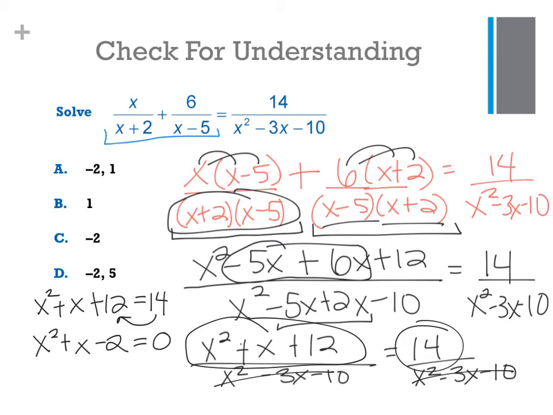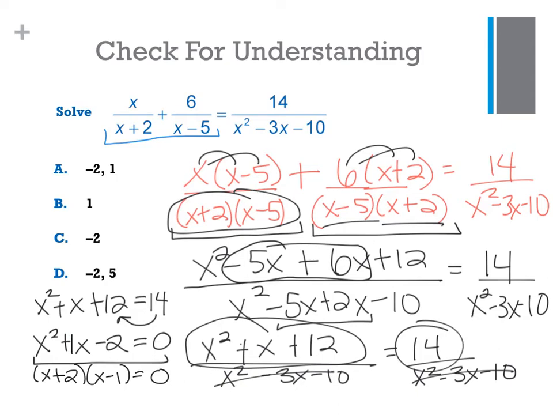Now, looking at this quadratic here, I want two numbers that multiply to be negative 2 and that add to be positive 1. That means that this factors into x plus 2 and x minus 1, because 2 times negative 1 is negative 2, and when I add 2 and negative 1, I get a positive 1.